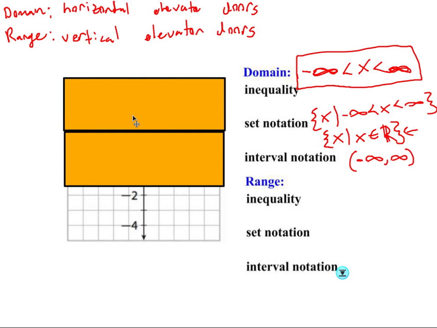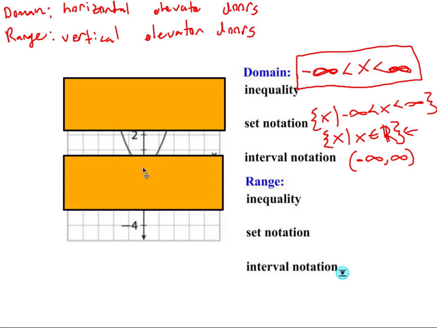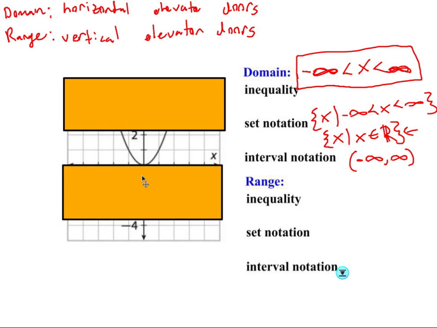Now again, we want to open these elevator doors just enough so that the graph squeezes through. So opening the bottom one, you can see that we can stop exactly right here just so that the graph squeezes in through.